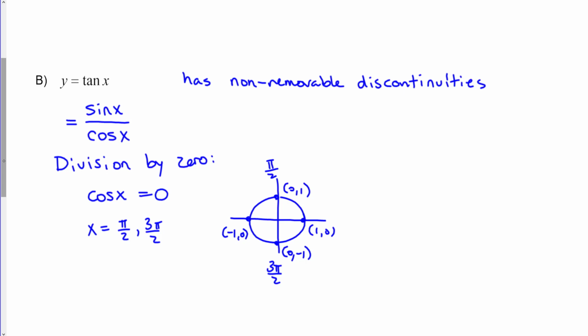So it has non-removable discontinuities at x equals, I need odd multiples of pi over 2. So I'll say 2n plus 1 times pi over 2, where n is an integer.